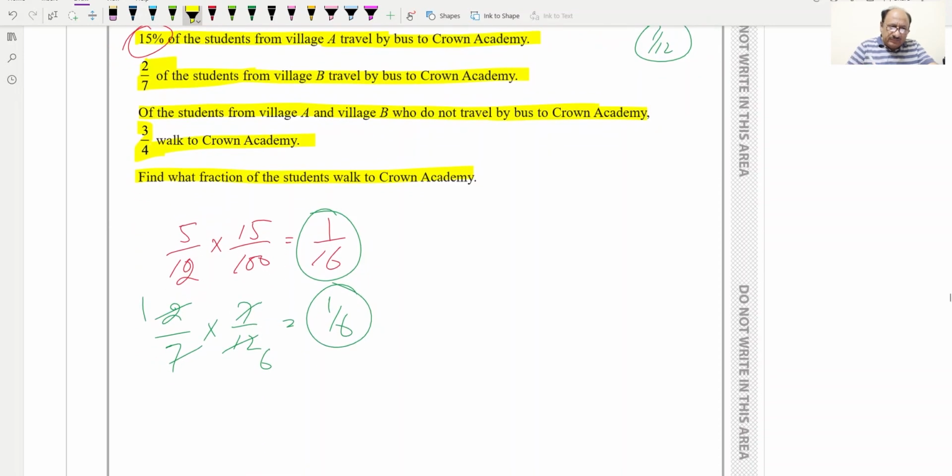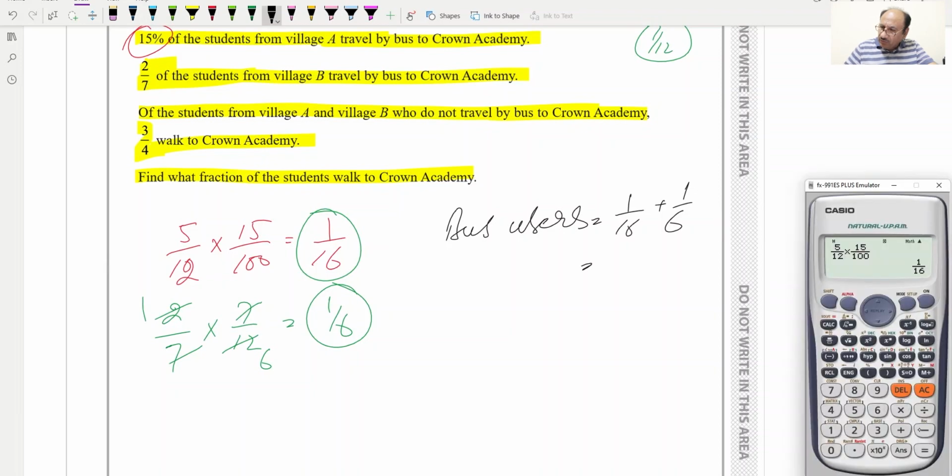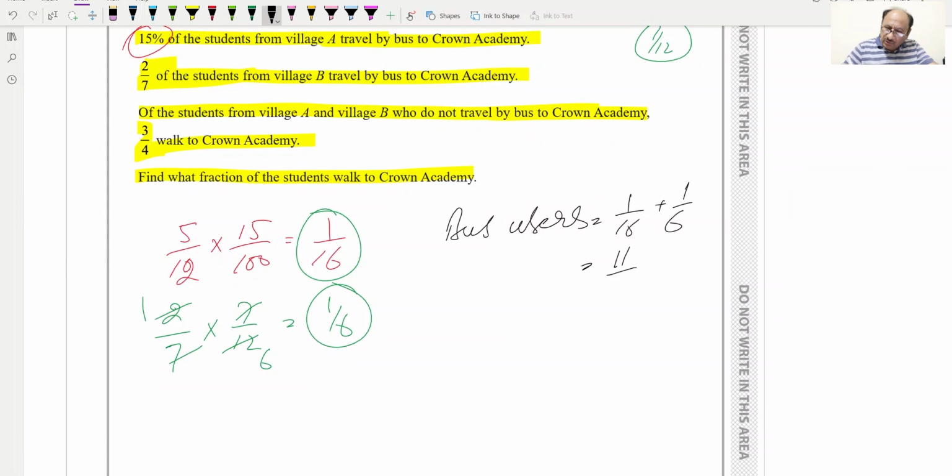So these people are using the bus. Bus users will be 1 by 16 plus 1 by 6, and this will be equal to 11 over 48. So 11 over 48 will be for bus users.